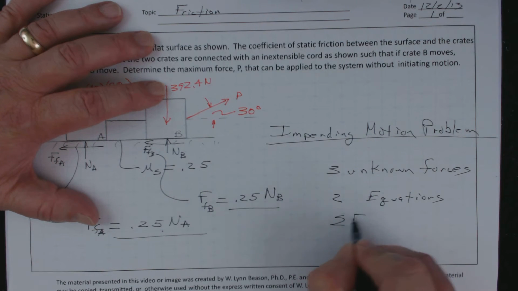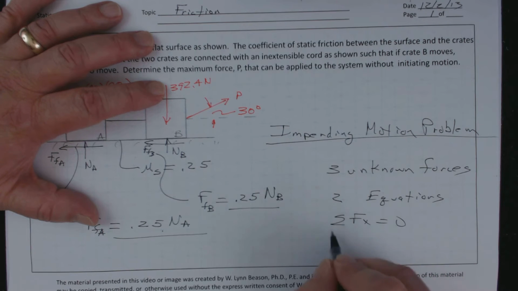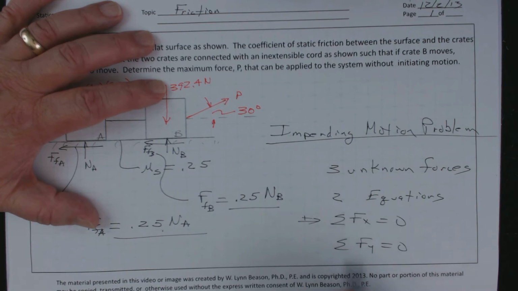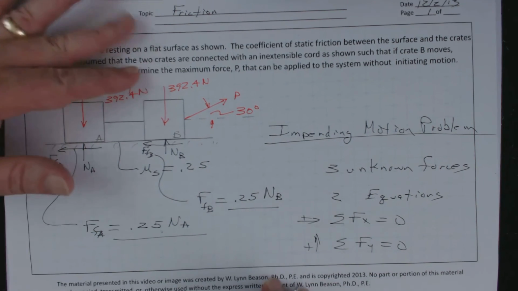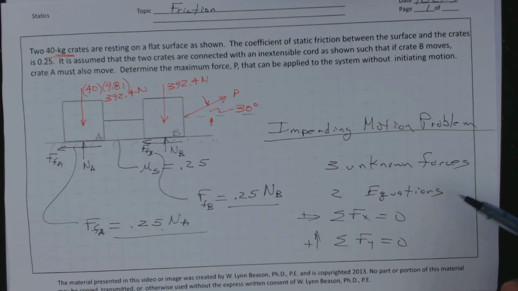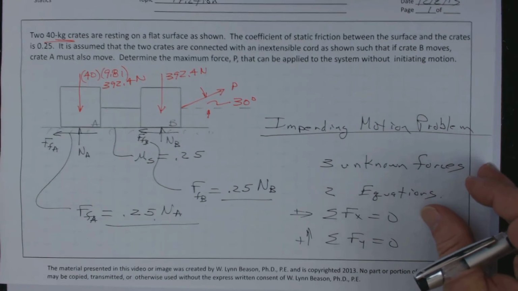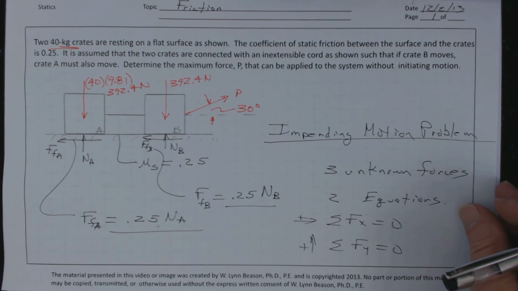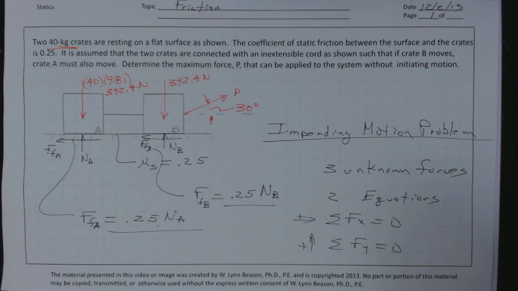And that would be summation of forces in the x direction would be equal to 0. And we could also sum forces in the y direction and set that equal to 0. Well, if I have three unknowns and I only have two equations, I can't solve that. And there are no other equations of condition which would allow me to solve it.